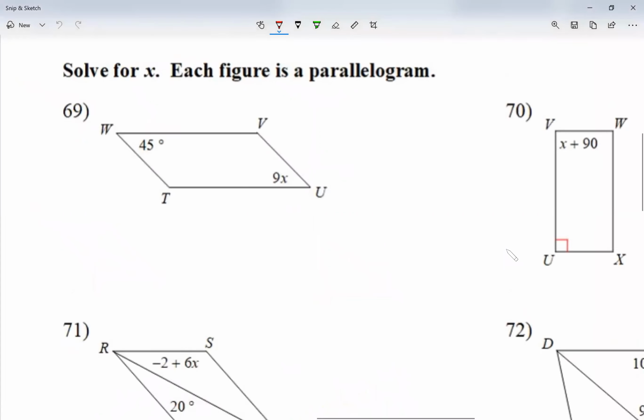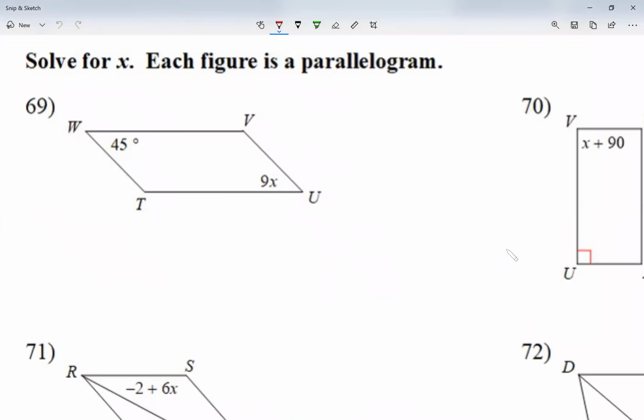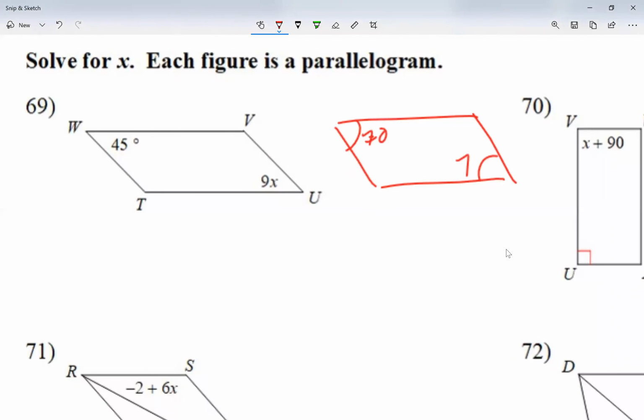So looking at parallelograms, question 69 and 70, it says solve for x, each figure is a parallelogram. One quick thing of parallelograms. Opposite angles are going to be equal. So if one angle is, let's say, 70, the other angle is 70, right?